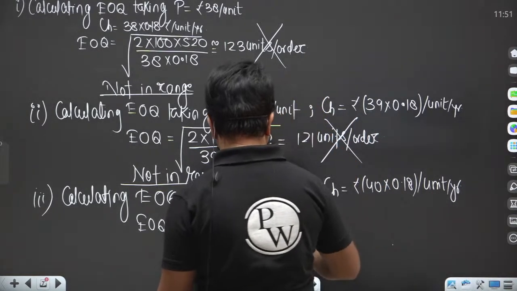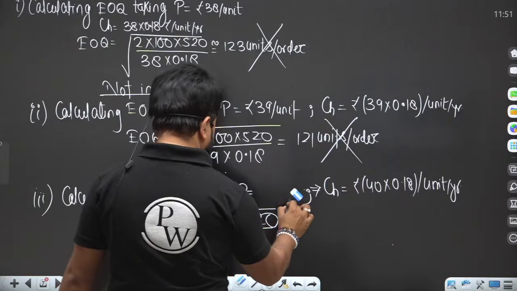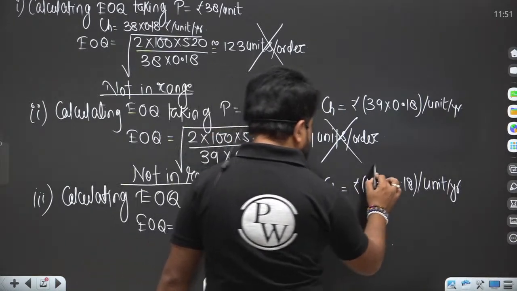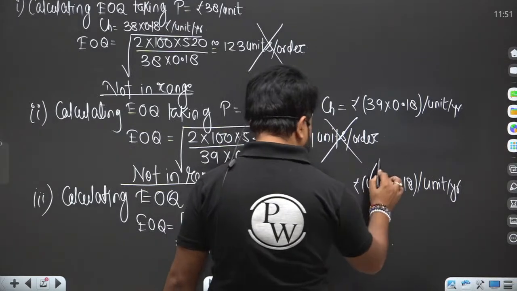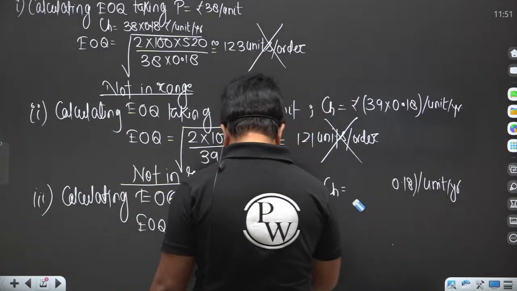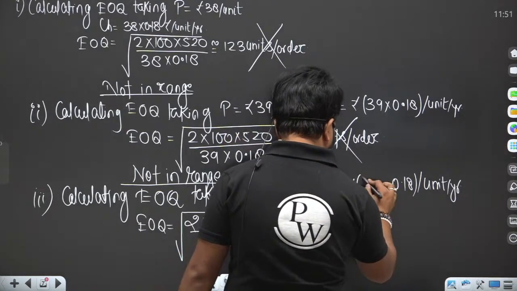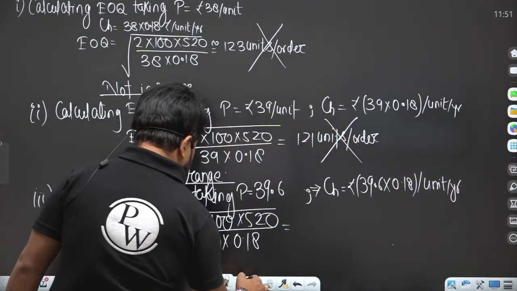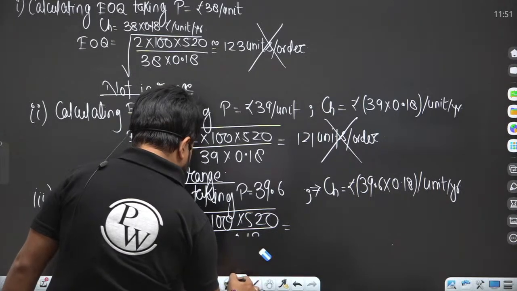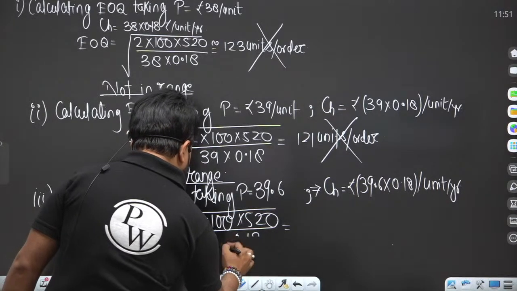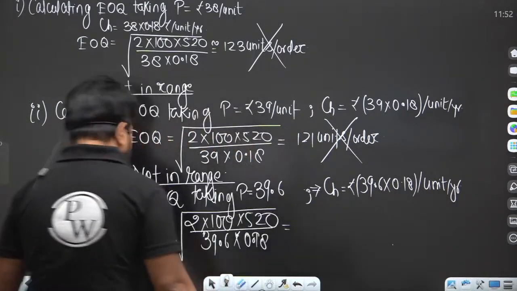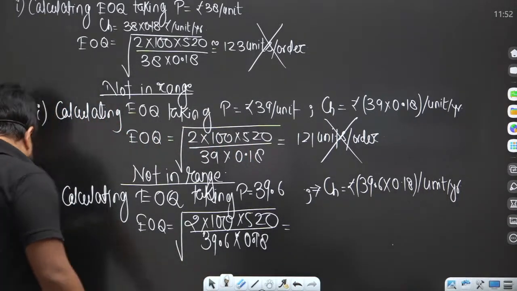Sorry, instead of 40, find out for 39.6 rupees: 39.6 into 0.18. So what will be the economic order quantity?